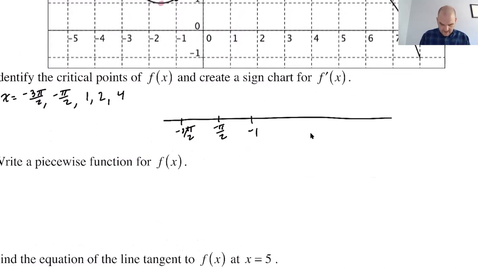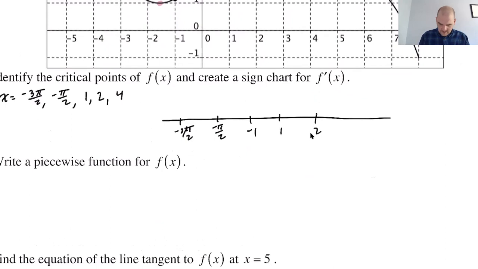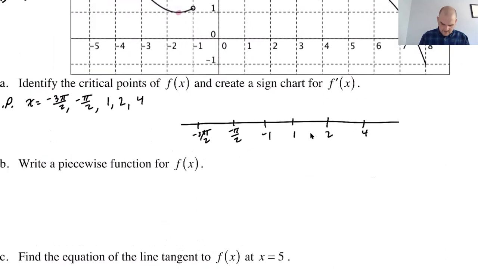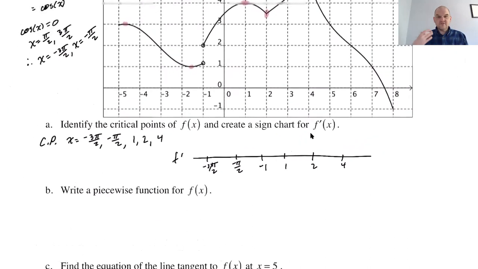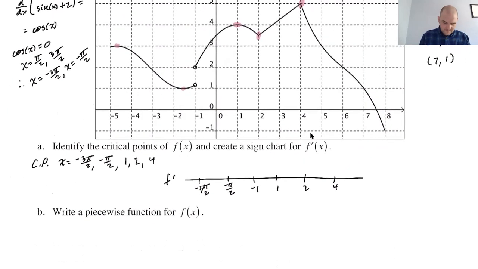There's no way to know unless you have all the information that we have, which we do. And then 4. So this is for f prime, so we should label it as such. And you can look and see increasing versus decreasing.